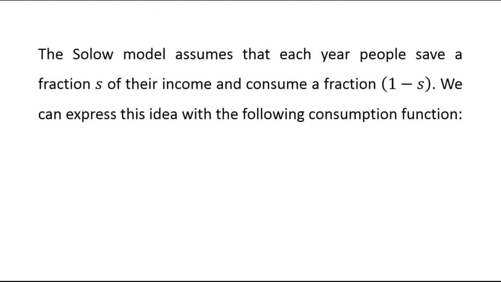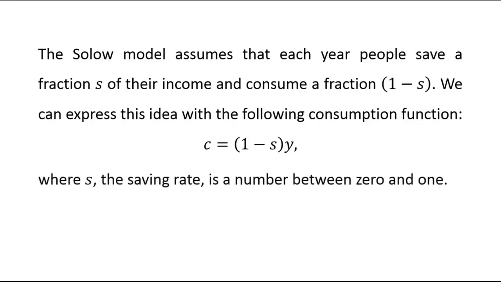The Solow model assumes that each year people save a fraction of their income and consume a fraction 1 minus s. We can express this idea with the following consumption function. So we can write the consumption function as c is equal to 1 minus s times y, where s is the saving rate, a number between 0 and 1.